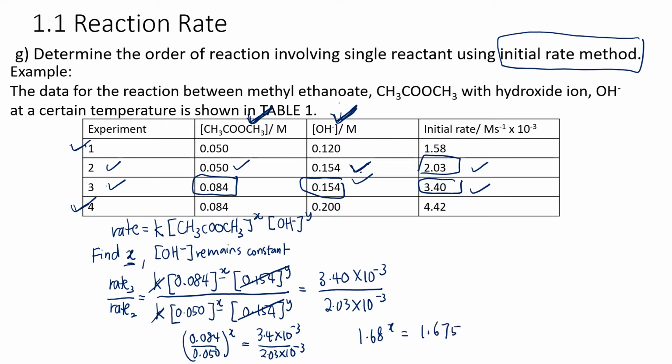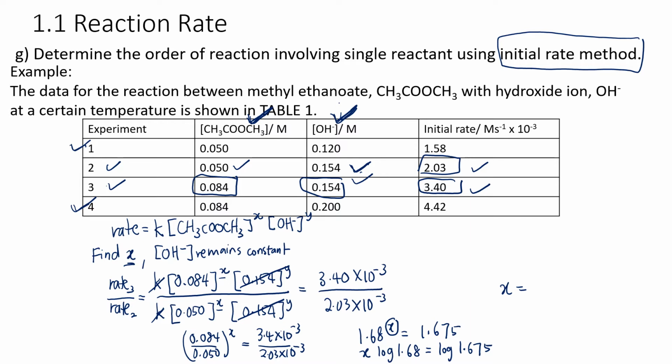To find x, we can log both sides. When we log, the power we can bring to the front. So x log 1.68 is equal to log 1.675, and that should give us x is equal to 0.994.